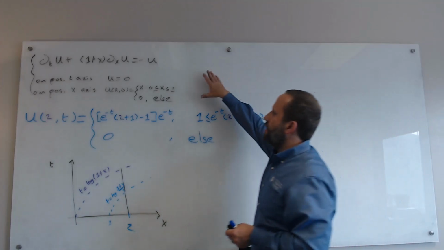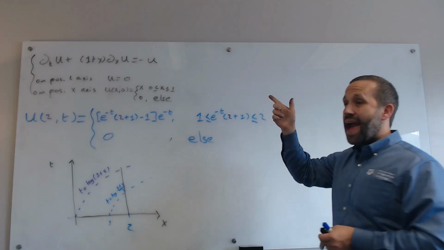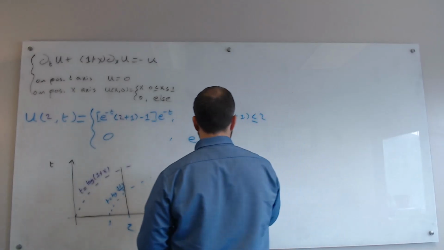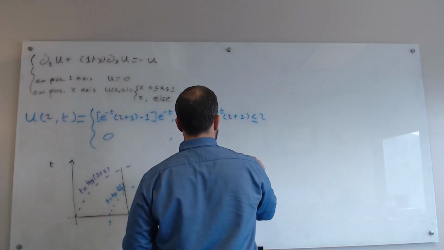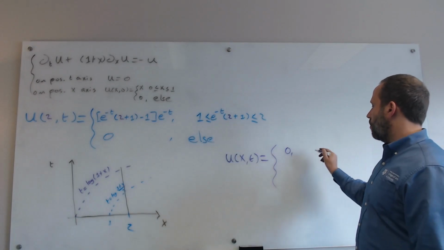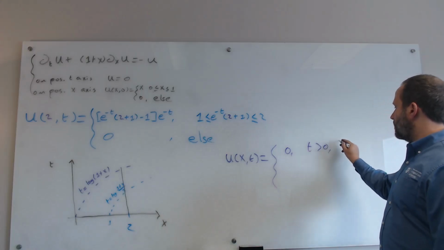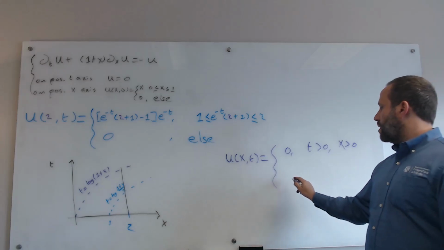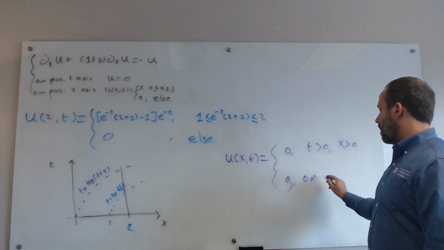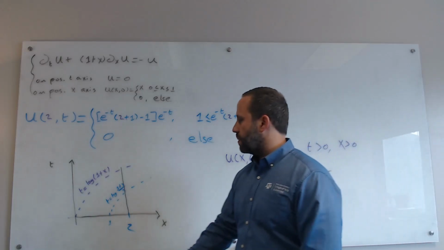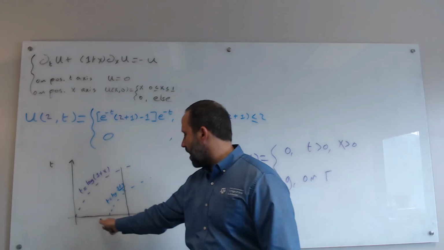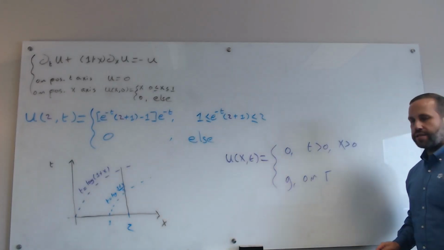If we just say, let's find a solution that satisfies this equation, and if we stipulate that we're okay with discontinuous solutions, why not have this as the solution? u of x,t is equal to 0 if t is bigger than 0 and x is equal to 0, and it's equal to g on our curve gamma, where g of x,t is the function that's 0 there, it's x from there to there, and 0 afterwards. In other words, just what the initial data needs to be.